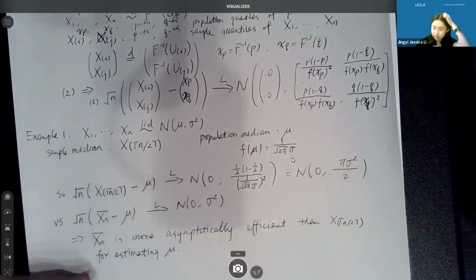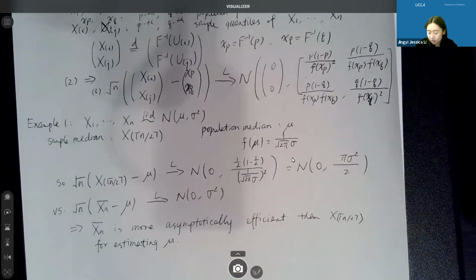So the result just tells us that if you know your sample comes from a normal distribution, then using the sample mean instead of the sample median to estimate the mu parameter is asymptotically more efficient. So we would choose the sample mean as the estimator instead of the sample median.